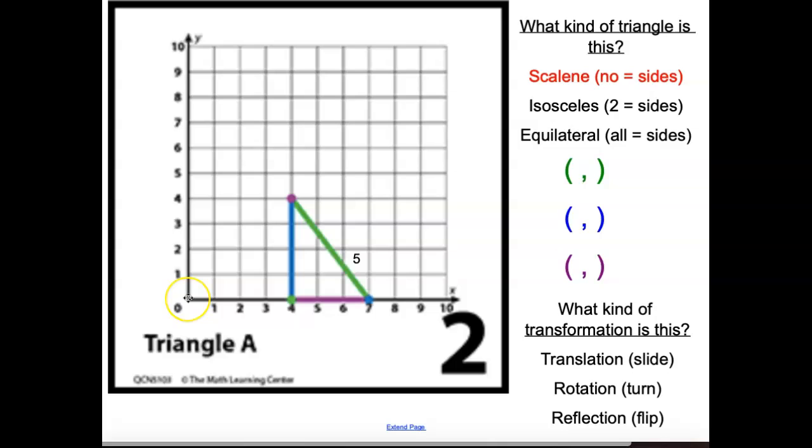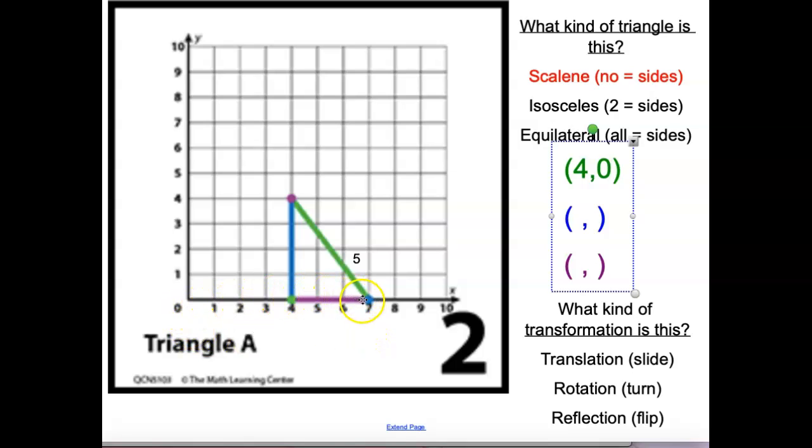Starting from this corner, how many spaces do you have to move over to get to the green point? 4. Very good. How many spaces do you have to go up? 0. Very good. What about the blue point?